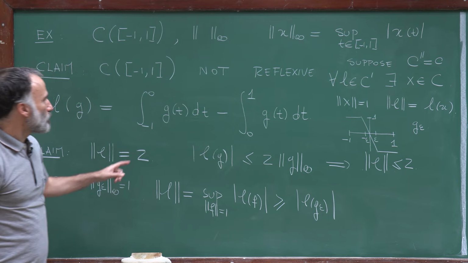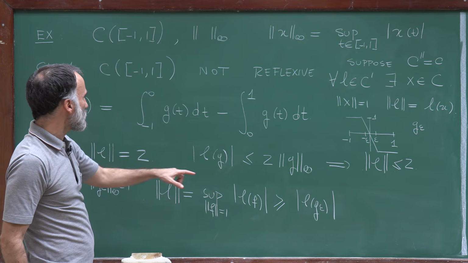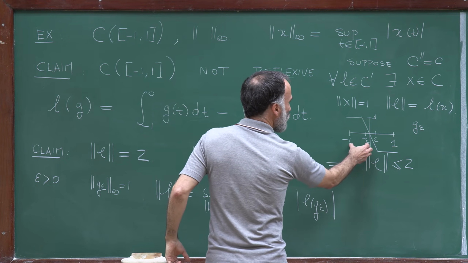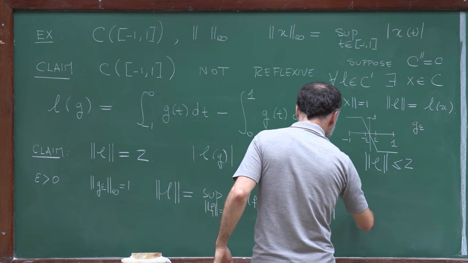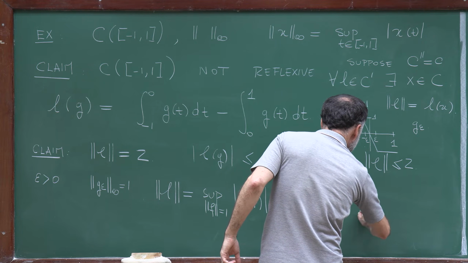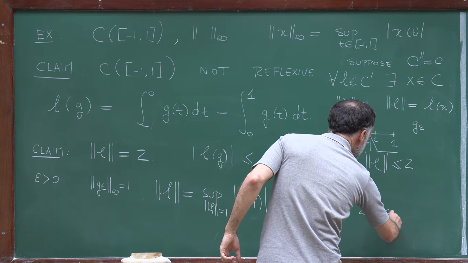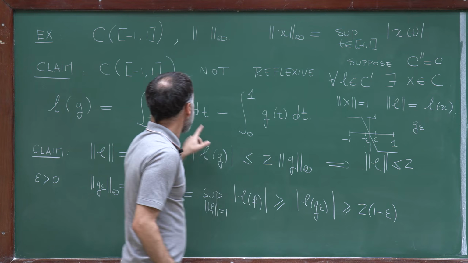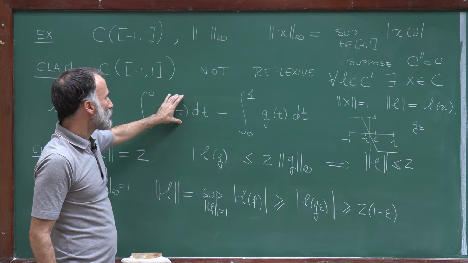From the definition of g epsilon, this will give you a contribution of 1 minus epsilon two times, and then there's a piece in the middle which will give you a positive contribution.